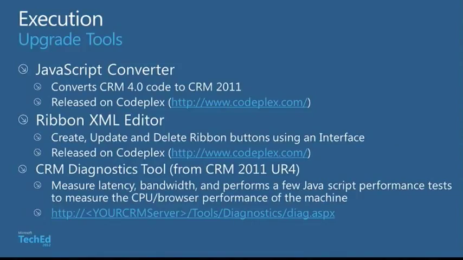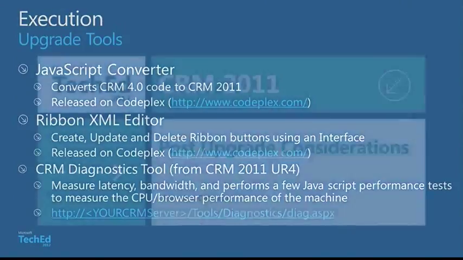If you just place in your organisational server name and then /tools/diagnostics/diag.aspx, you can run it against your system and get some information out of that as well. It's quite a handy tool, especially when we're working with online and looking at latency and speed tests. Depending on the different ISPs that you're using, you'll get different latency speeds back to the data centre in Singapore.